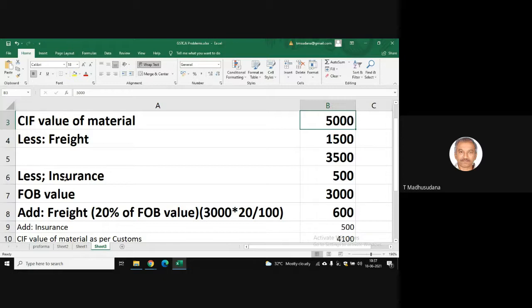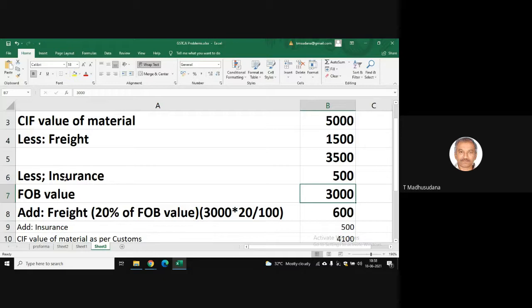But here in this example, the price of the material is given at CAF value. So CAF value is given, therefore we have deducted the freight value and insurance charges. Both these we have deducted from the CAF value so as to arrive at the FOB value.